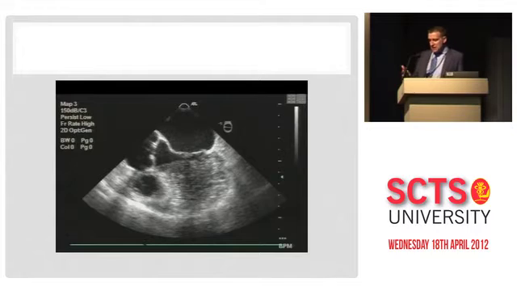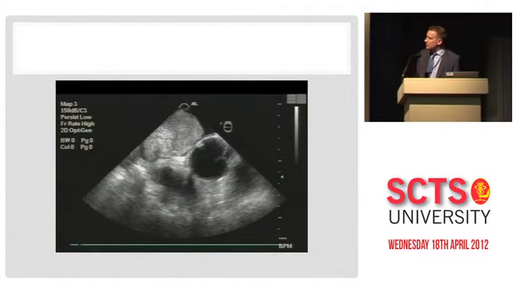They're often seen in slight variations of our traditional views. So this you can see we're around 0 degrees, and it's not a short axis of the aortic valve, but these are sometimes the best planes in which to look at the intra-atrial septum. And what you would normally do is sweep round between 0 and 180 degrees, like the cardiologists do, to get a good view of the septum.